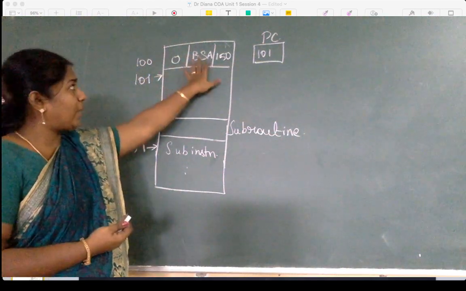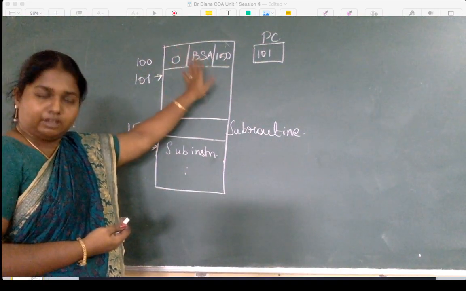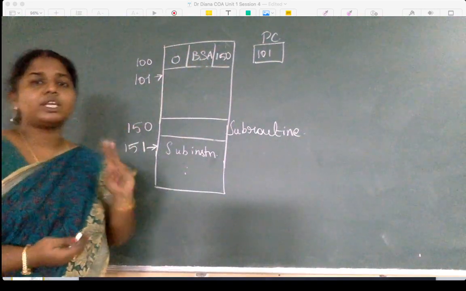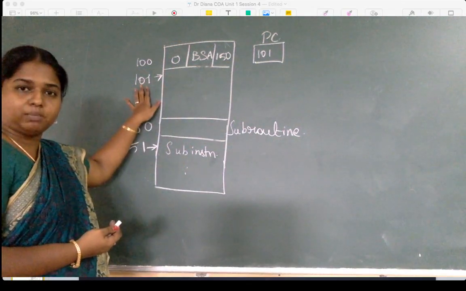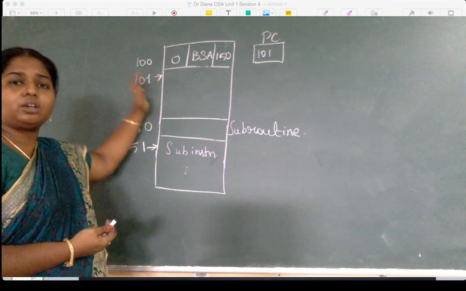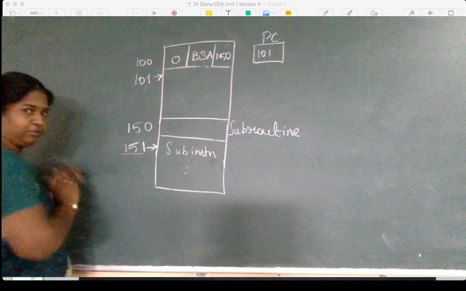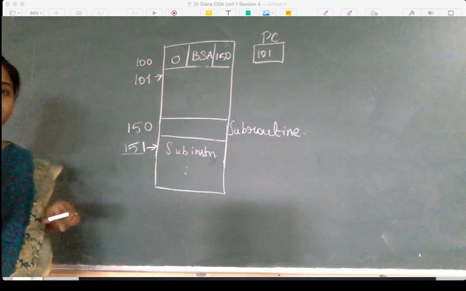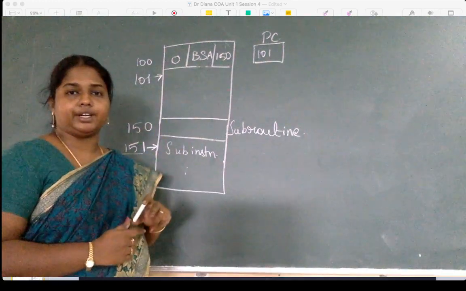So when I am trying to execute the branch and save return address instruction, the two things that I need to do are saving this value 101 somewhere and changing the control execution flow to the location 151. These are the two things I have to do when I execute a branch and save return address.